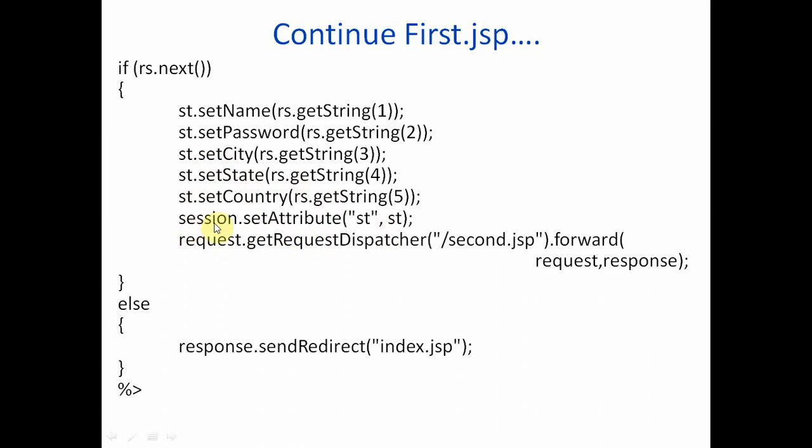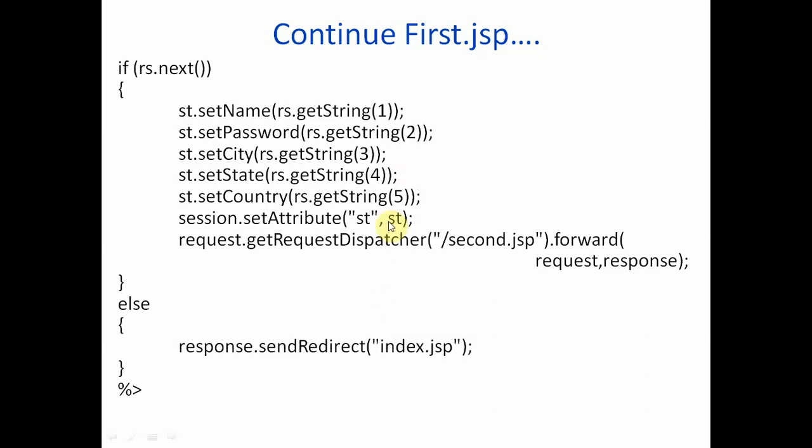This line will set the attribute, because we are creating a session. We are moving from first.jsp to second.jsp. Before moving from one page to another, we have to maintain a session and create a session attribute.